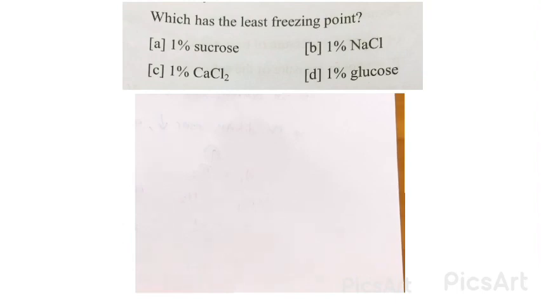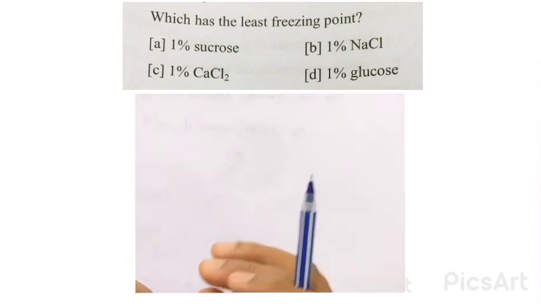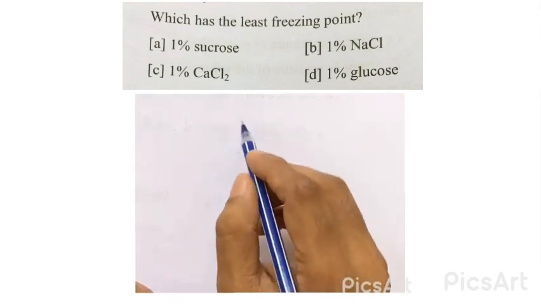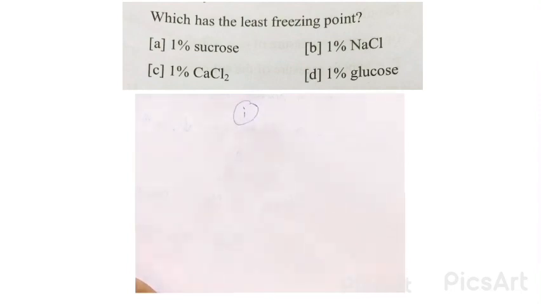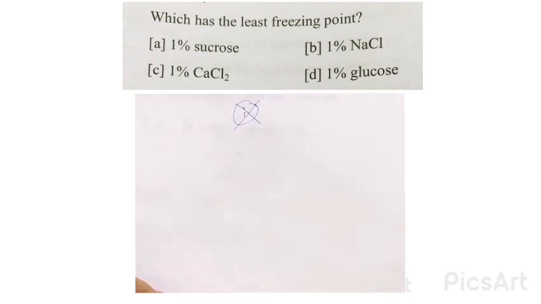It's an important question. We have to find, from the options given, the solution having the least freezing point. In all options, these have 1%. If it is 1 molar or 1 molal, like a concentration term, we can simply calculate by giving factor i. But it is not possible here because a percentage is given.